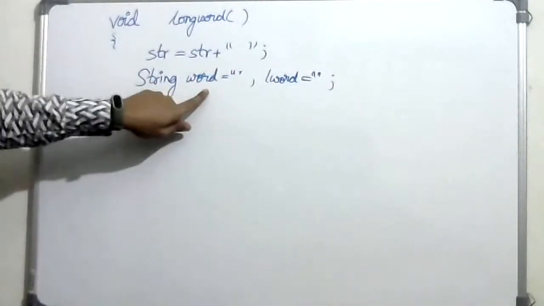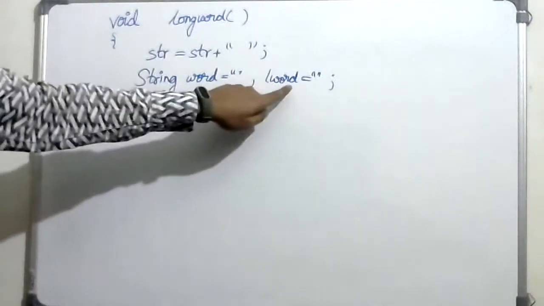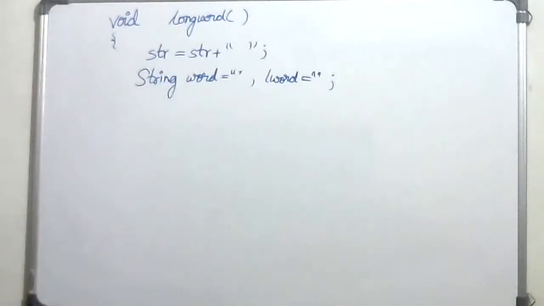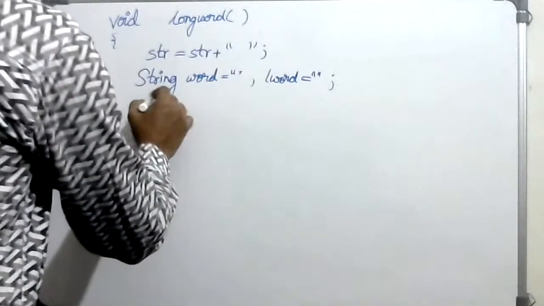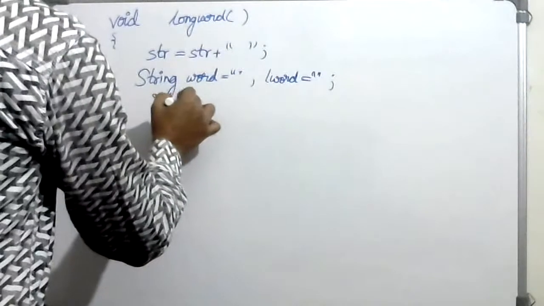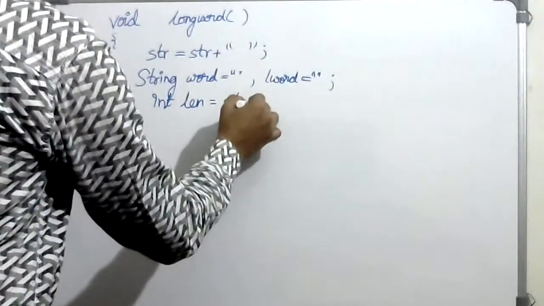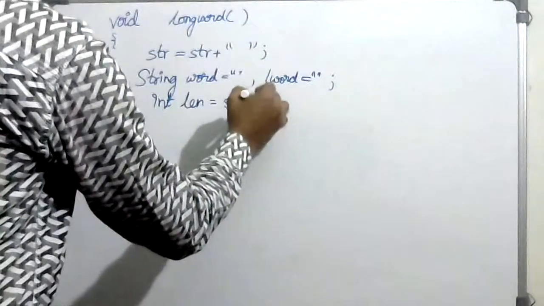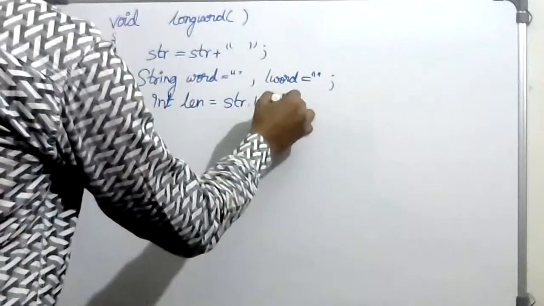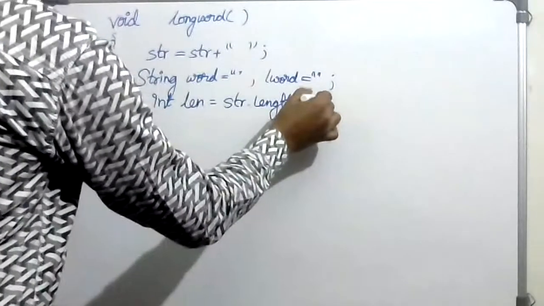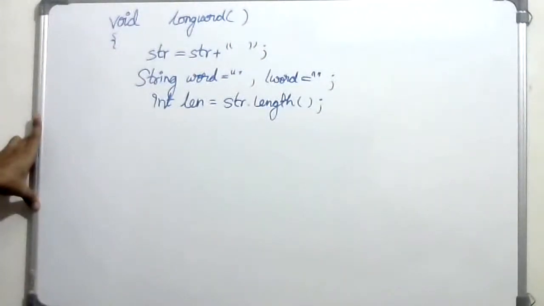One will store the current word extracted, and the next one, L word, will store the longest word amongst all the words that have been processed so far. Both of them are initialized to null. We will also calculate the length of the total string, str dot length, for our loop.